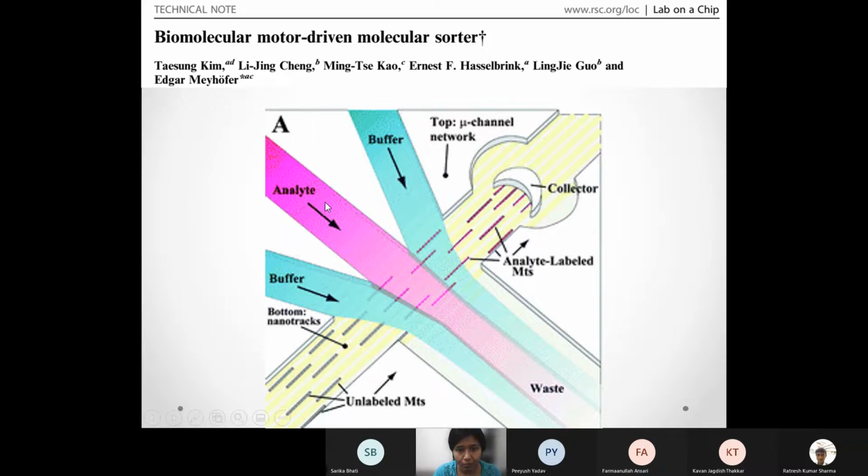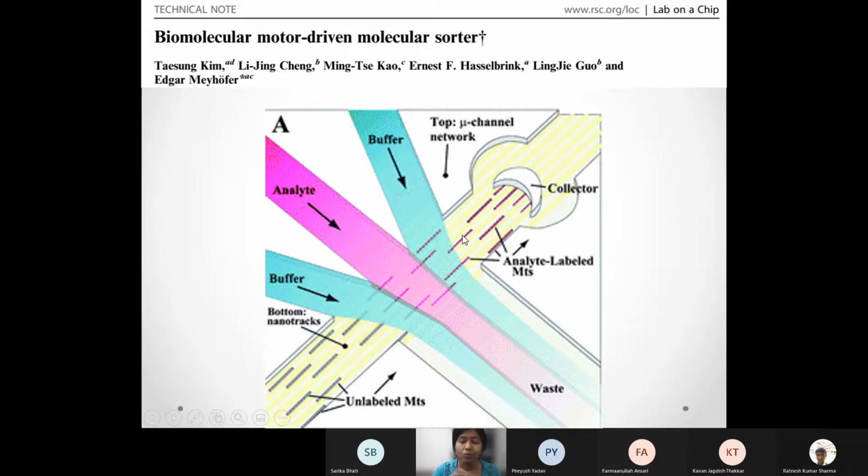So your analyte is moving in this direction. The direction and force with which your analyte is moving is controlled by flow of buffers that streamlines the flow of your analyte. And then as this analyte flows, it flows into a chamber here, which is coated with microtubules, and you have kinesin motors that can work on these microtubules.